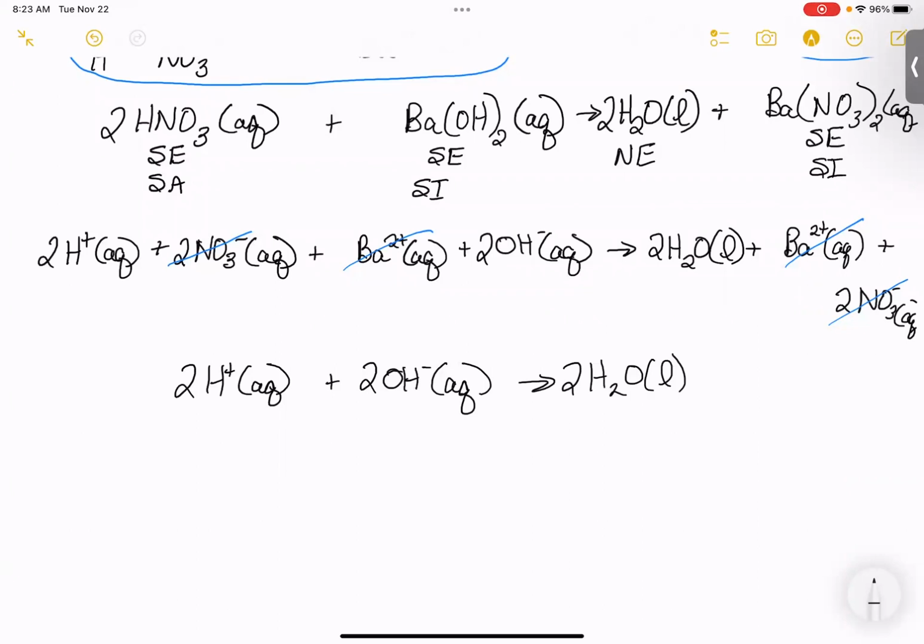You would see that nitric acid in solution is not HNO3. It's H+ and NO3-. So in the complete ionic reaction, if you could magnify down to the ion, you would be seeing exactly what it looked like in solution. The net ionic is important because this is what undergoes a change. This is actually the reaction that you have going on.